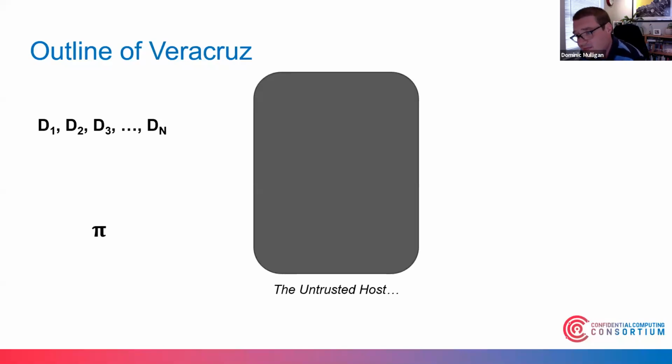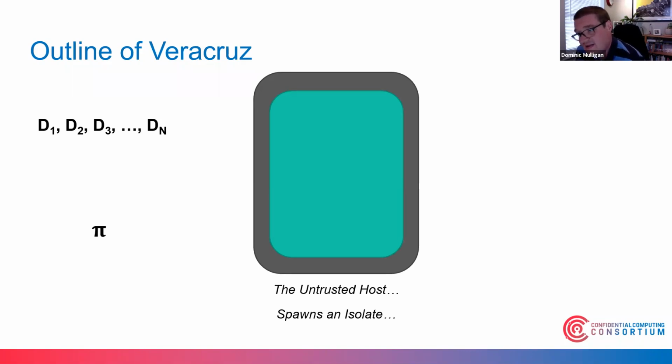Along with them, there's also another principal or collaborator that I haven't previously mentioned, and that's the untrusted host. The untrusted host possesses a machine that is capable of spawning some instance of a strong isolation technology, an isolate, something like Intel SGX or ARM CCA and so on. One peculiarity of the Veracruz project is that we support a wide range of isolation technologies.